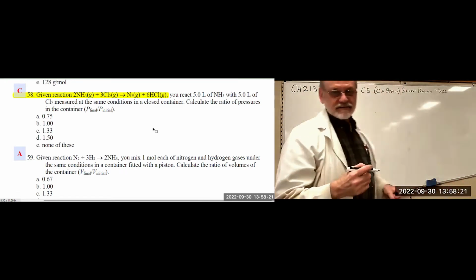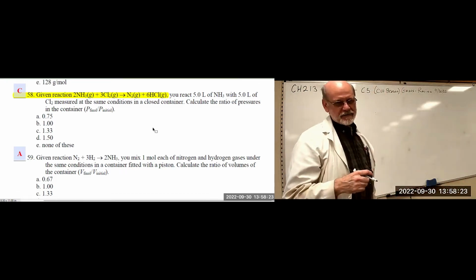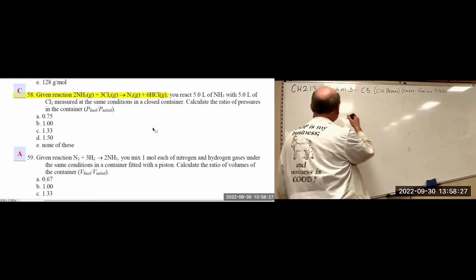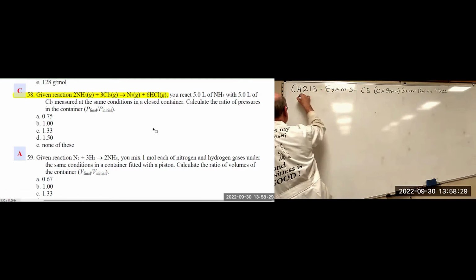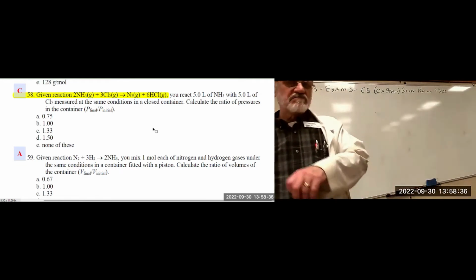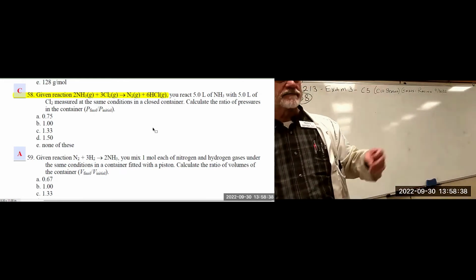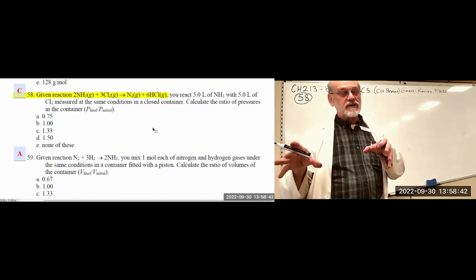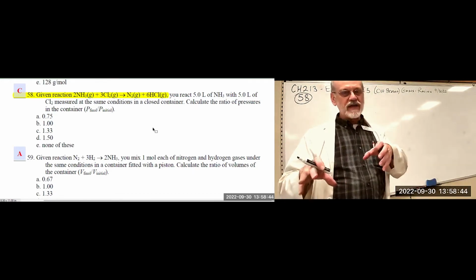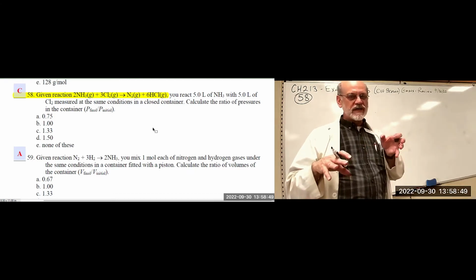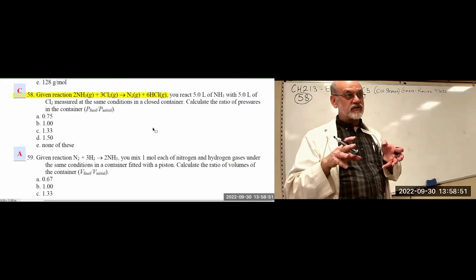Okay, 58. This one, I could work two different ways. And I have done it two different ways. One is sort of algebraic, where we just say, let X equal something. The other way is to use these concrete numbers and calculate to give you the ratio of pressures in the container before and after the reaction.